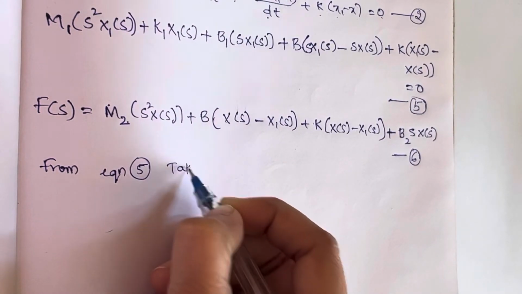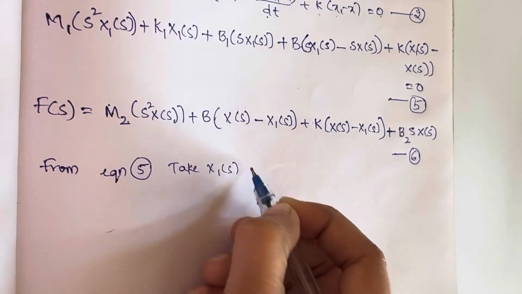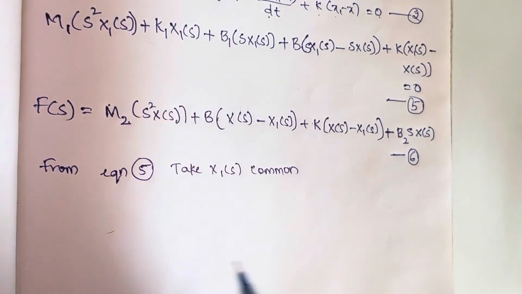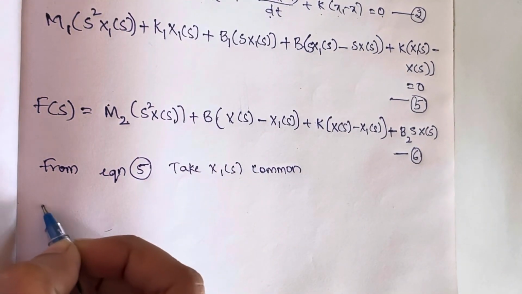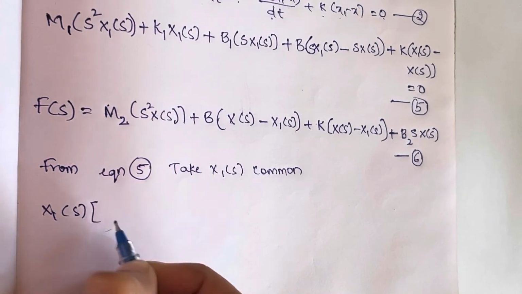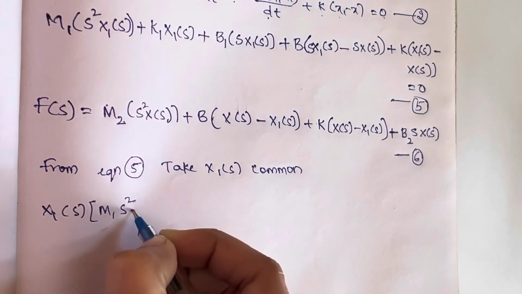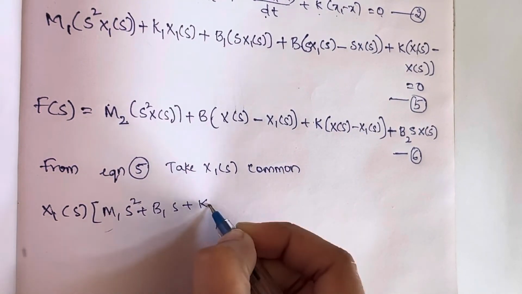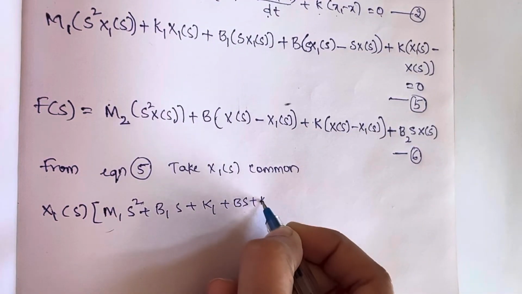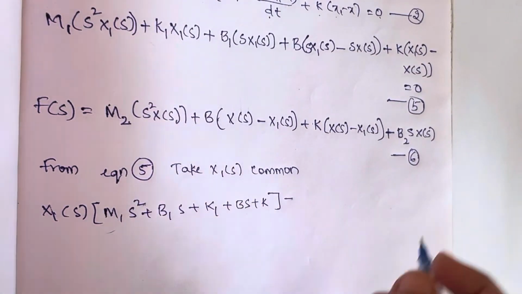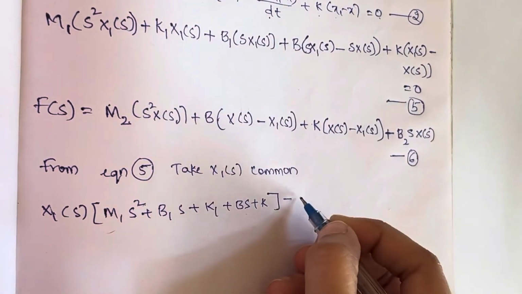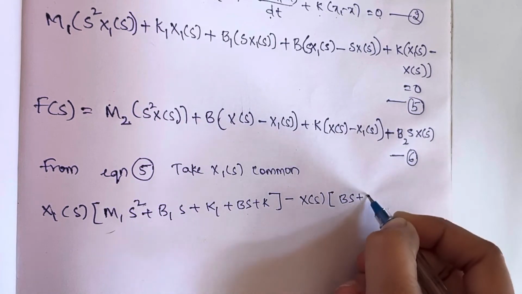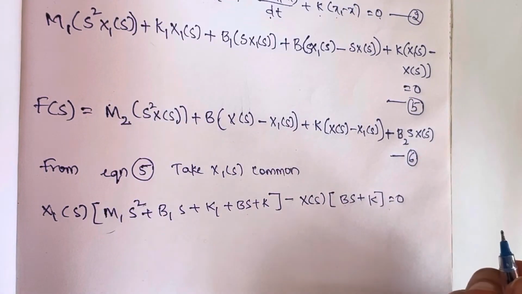Then we get x1 of s times m1 s square plus b1s plus k1 plus bs plus k, minus the remaining term x of s times bs plus k, equals 0.